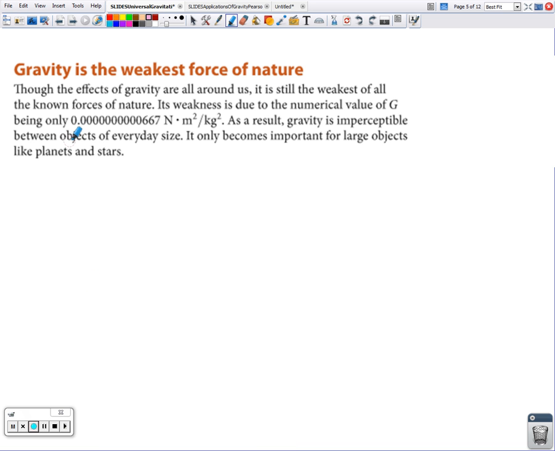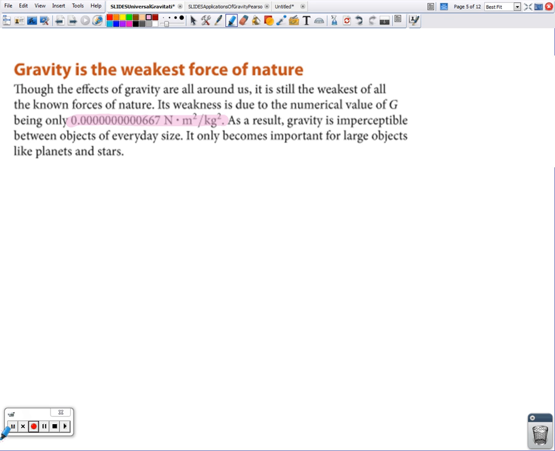Any time we calculate the force of gravity between two objects, this factor, the universal gravitational constant, which when not written out in scientific notation looks like that, is built into it. So gravity is actually a very weak force.